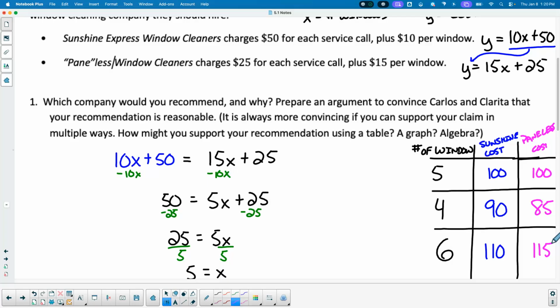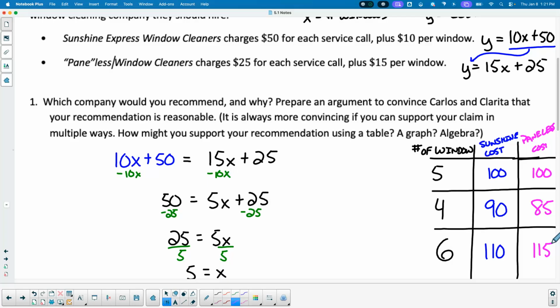Go on. If they have 5 or less windows, they should go with Painless. If they have less than 5 windows, then they should go with Painless because it's cheaper.